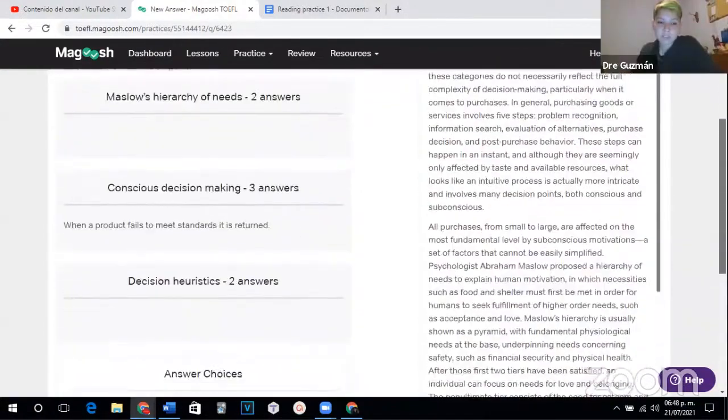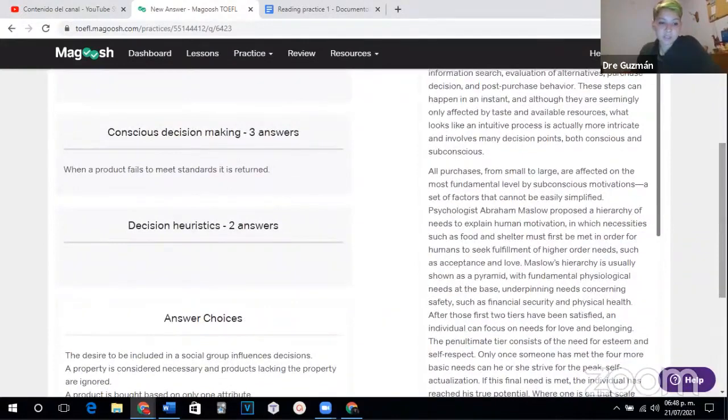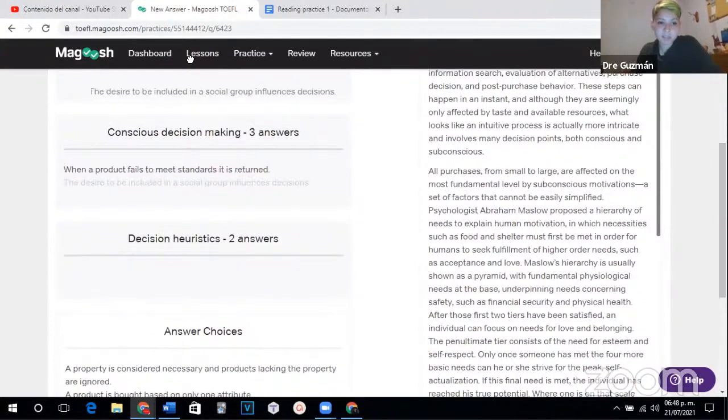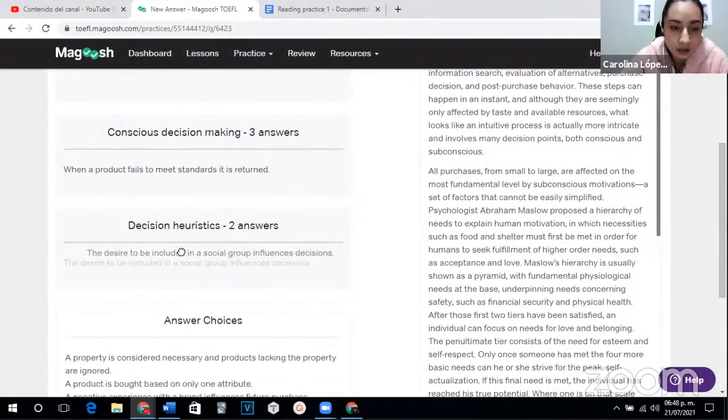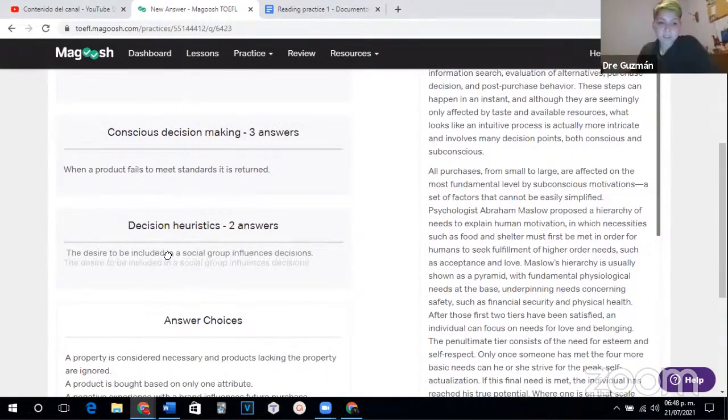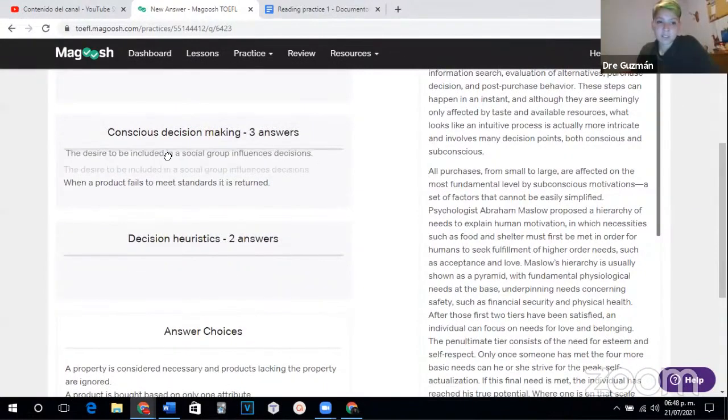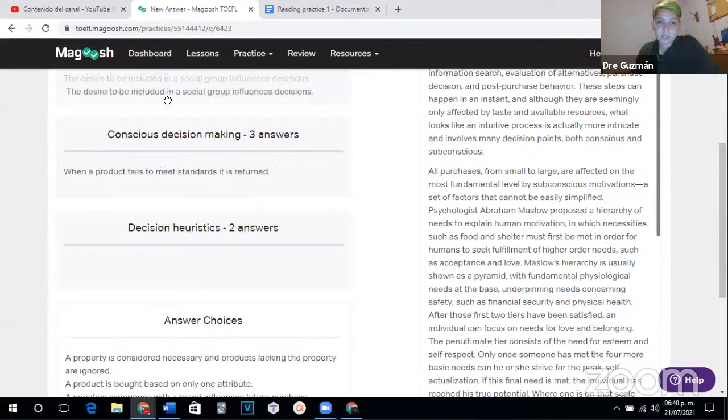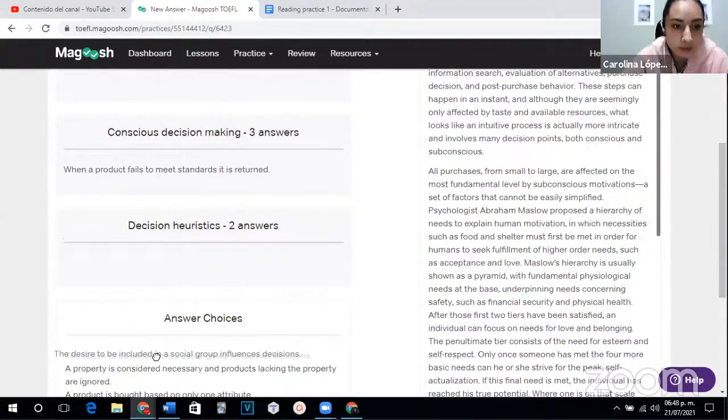Okay, so which one does this belong to? Here, no, this statement. Where would you put it? Decision heuristics, conscious decision making. Or it could be none of them, because those won't be used.